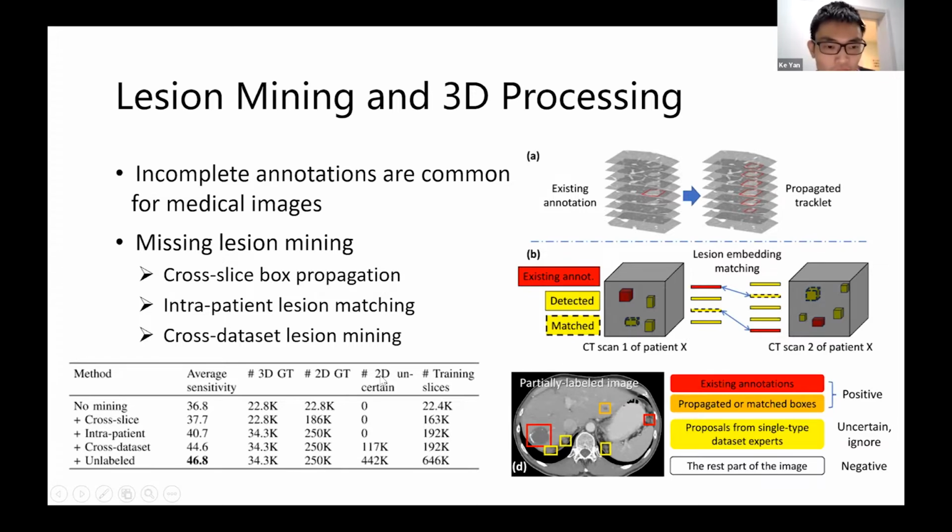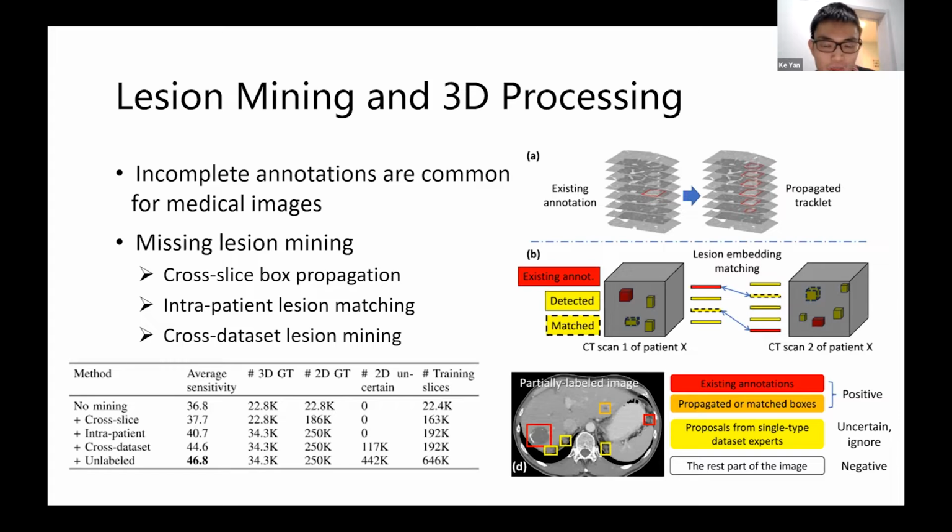And we also design a cross dataset lesion mining algorithm. For example, we first train several detectors on different datasets. Then we use a model trained on dataset A to infer the images in dataset B, and then we can have some detections, and we keep those detections with high score, with high confidence, as uncertain findings.